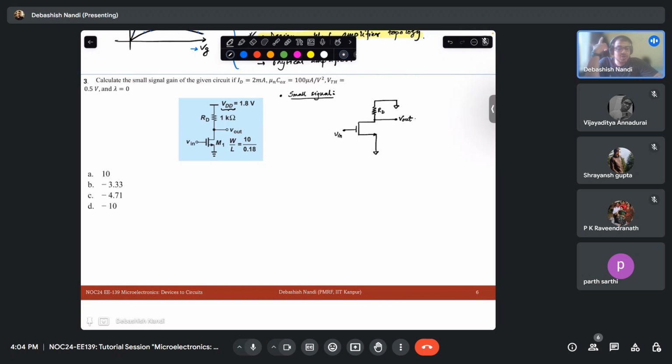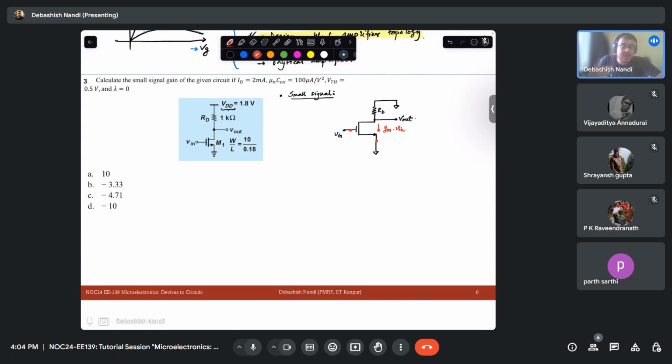So in a small signal equivalent, what is the first thing you need to do? You need to get this current. This current will be GM times V in minus 0, because this is the source voltage, this is the difference between gate and source. So it will be simply GM V in.